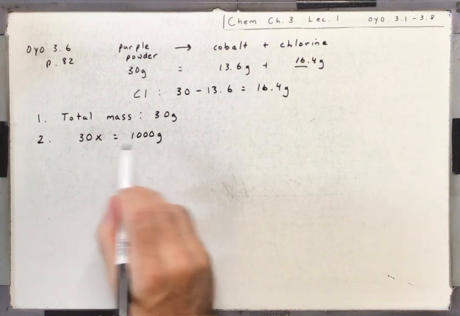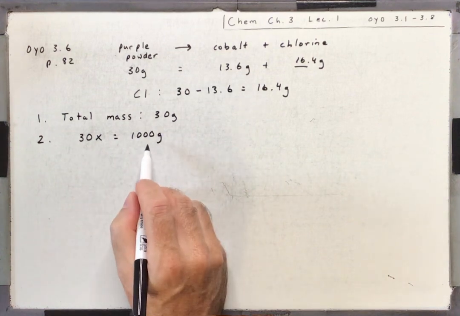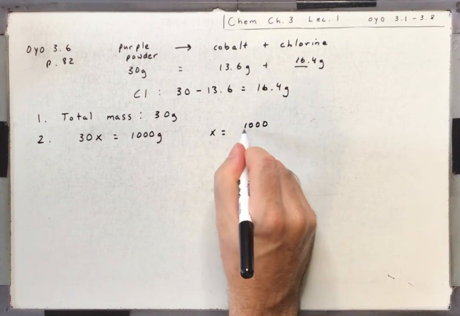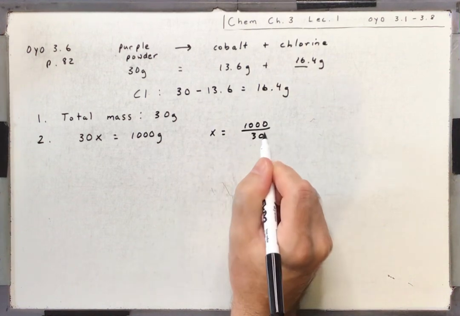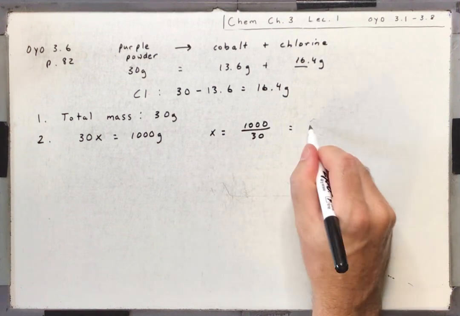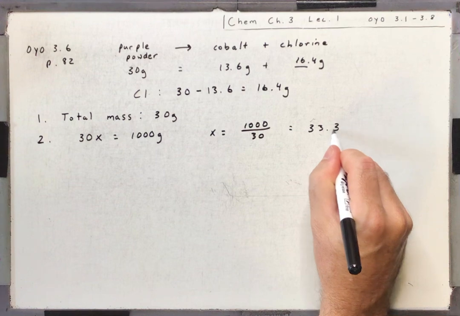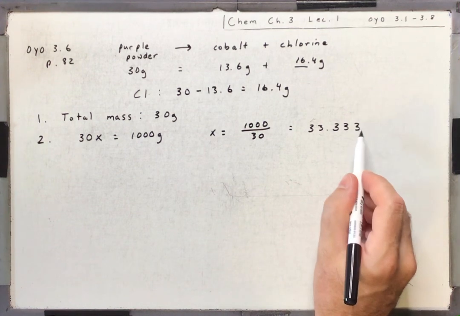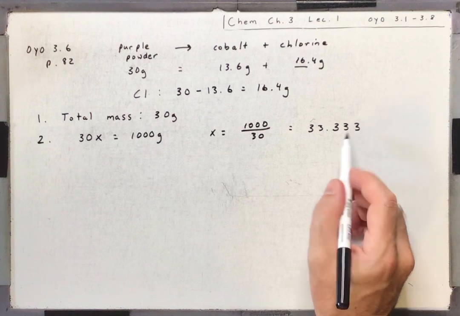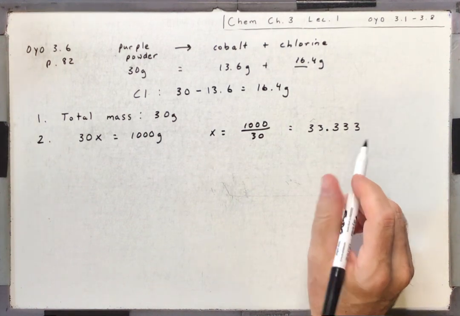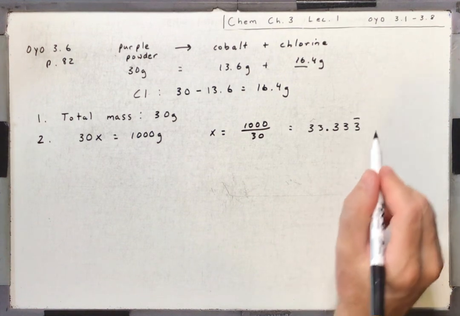We're going to convert that kilograms to grams. So x is equal to 1,000 over 30, and that is going to be 33.333 repeating. The further you go out, the better off you'll be here, so try to go at least 3 decimal places. All right, but it is repeating.